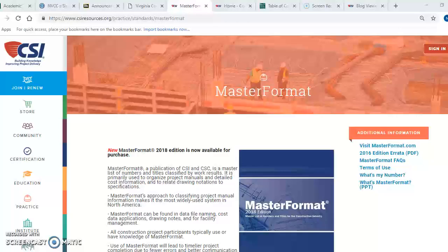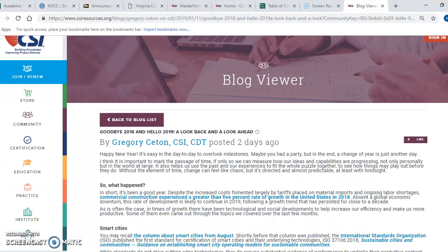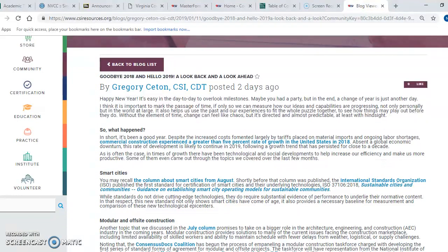Let me go there. So here is CSI MasterFormat, and it talks about how it was composed and what the latest changes are. You can go to the latest blogs. For example, this particular blog is by the director of the CSI, and it talks about sustainable cities, and it's going to impact the divisions soon.